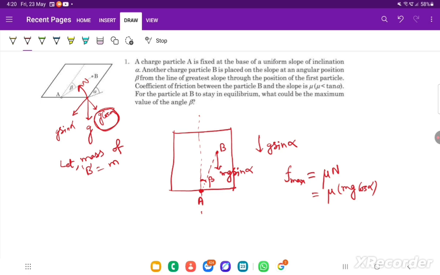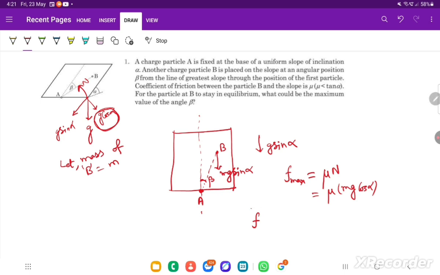And as we are dealing with the critical case for the maximum value of angle beta, you can understand that friction will act as limiting friction, that is mu mg cos alpha, but we are not sure about the direction. So friction is the force whose magnitude we know, that is mu mg cos alpha. In this particular case, we are assuming that friction is at its maximum value, but we are still not sure about the direction.